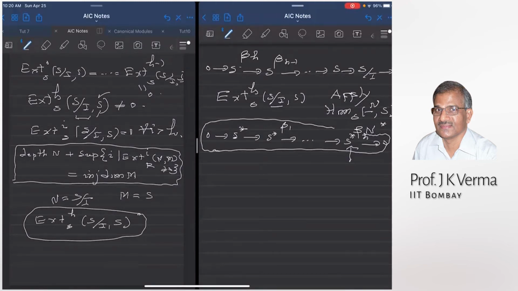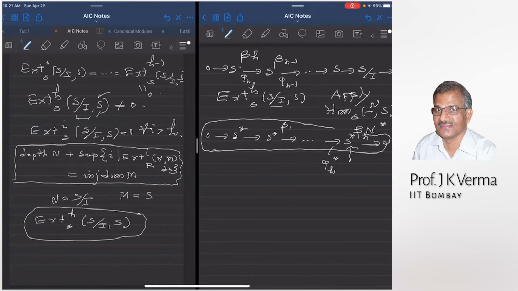So suppose this map is phi H, and this map is phi H minus 1. Then the map from S star to beta H minus 1 to S star to beta H will be phi H star. So when you take the dual, the matrices of the maps in the minimal free resolution get transposed.